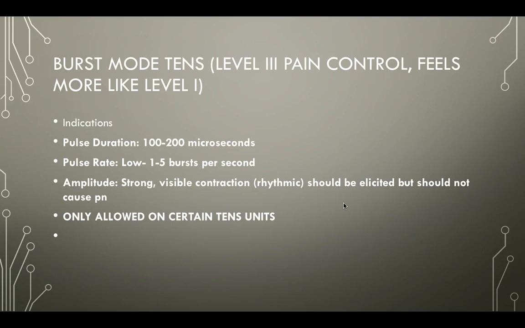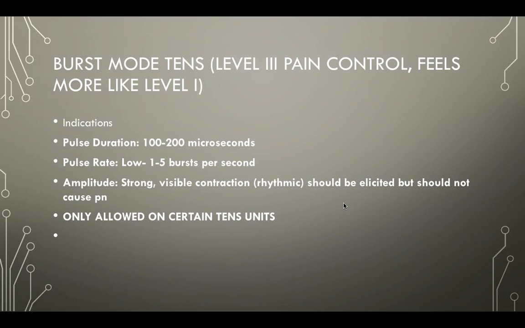And so it was developed to combine the efficacy of low rate TENS with a more comfortable sensation of high rate. And so the TENS unit itself puts out a high rate current, somewhere between 80 to 100 pulses per second. And then the machine, when we put it into burst mode, inherently modifies it into a duty cycle, so it comes out in bursts, a lot like our low rate TENS would come out in these individual little pulses.